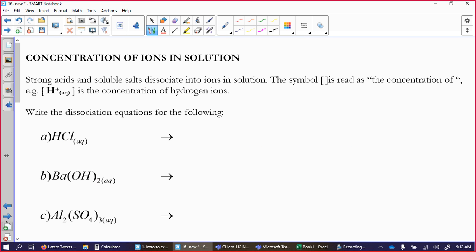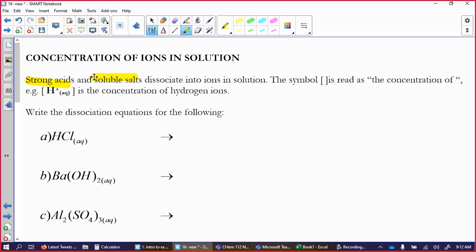Concentration of ions in solution. So this links our dissociation reactions from equations in terms of solubility with net ionic equations and concentration. If we have a strong acid or soluble salt, when we throw them into water, it splits up into whatever ions are there.